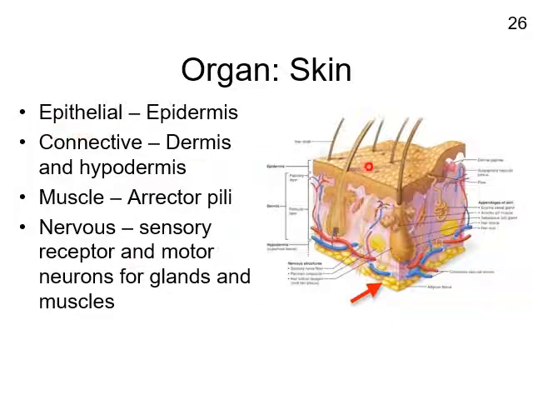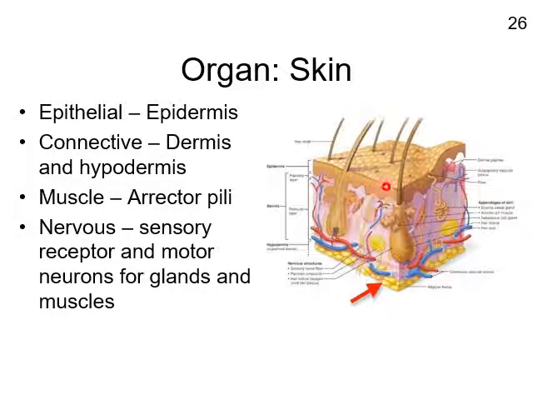We got epithelial tissue, connective tissue with our dermis and hypodermis, and smooth muscle with our erector pili, and then the nervous system. So we've got all 4 tissues here to make up this organ, which is the skin.